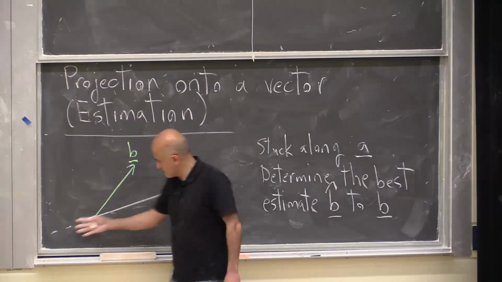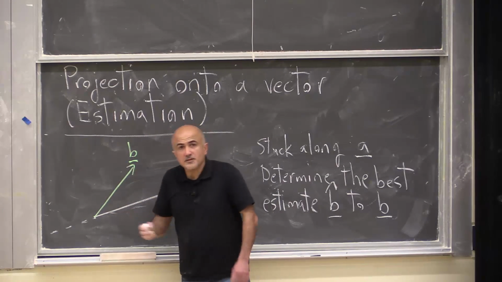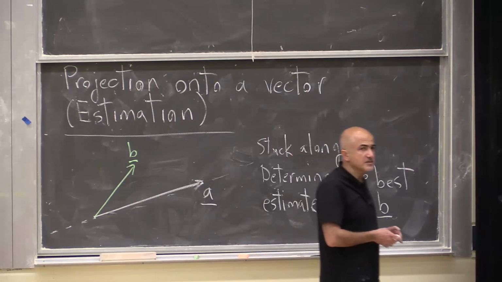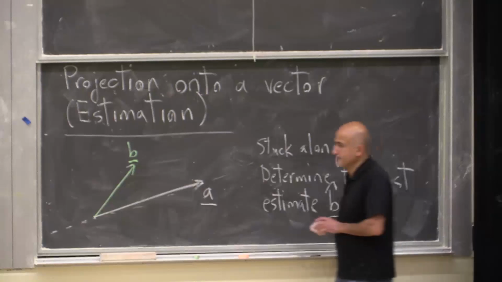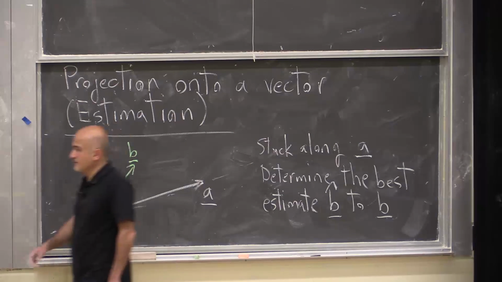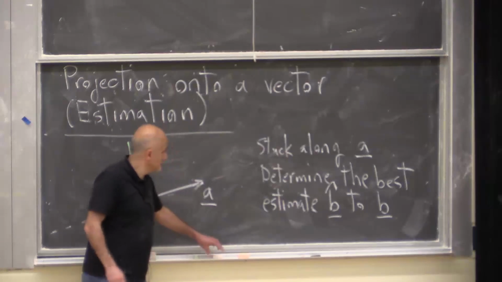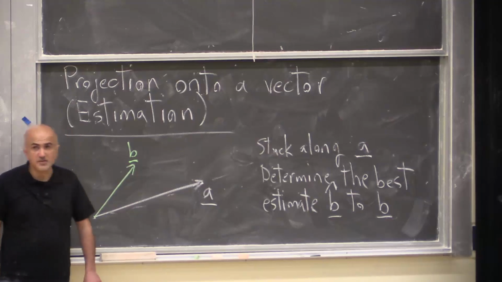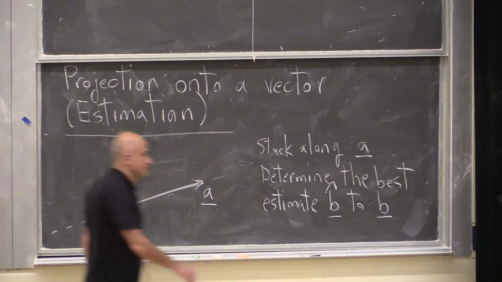Mark on this axis, defined by A, the point that would correspond to the best approximation to B. And then we'll hash out the mathematics of it. Right now, I just want you to come up with an intuitive picture. Where's my red chalk?